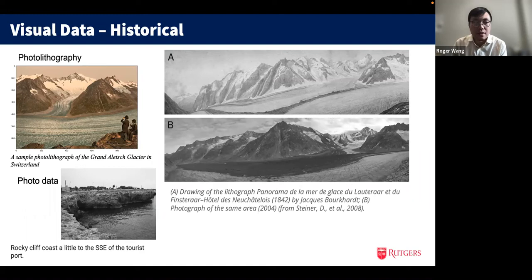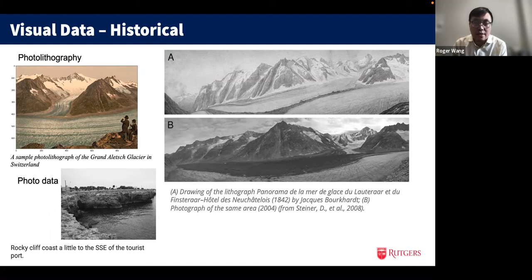One example is on the left upper corner. You can see that people have used photolithography to capture the glacier in Switzerland. These kinds of paintings are very accurate and could reflect reality.